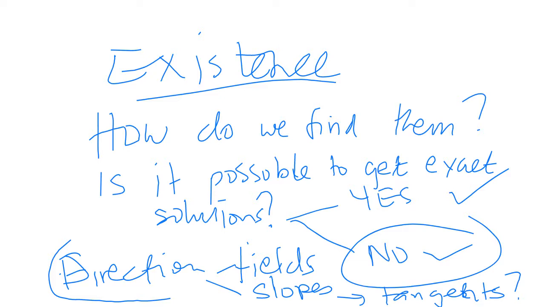Where we don't know the solution exactly, we can determine how the solution looks, how it behaves at a particular point, and how the solution behaves when we reach infinity and minus infinity, which we call the long-term behavior.